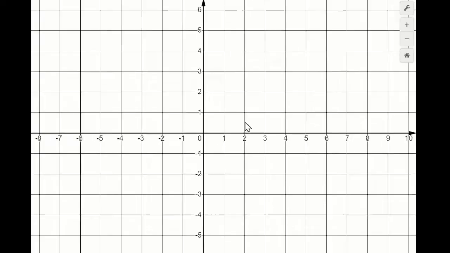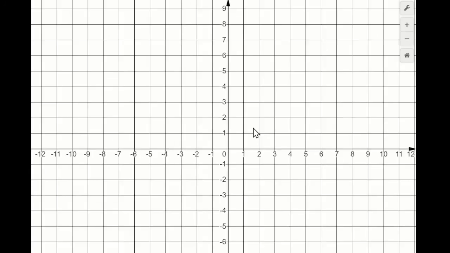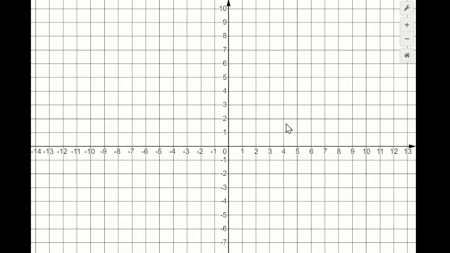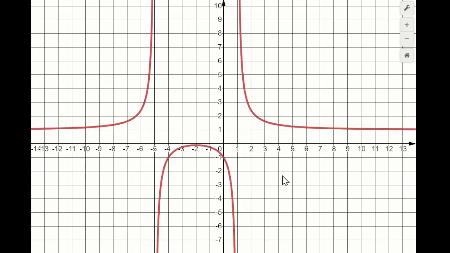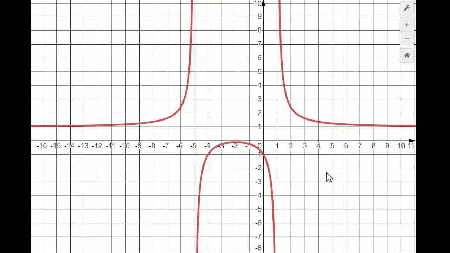All right, and again, let's turn over to our graphing utility, Desmos, to confirm the result we have just seen on the board. So this is the graph for x squared plus 4x plus 5 all over x minus 1 times x plus 5 in the denominator. Clearly we have two vertical asymptotes.